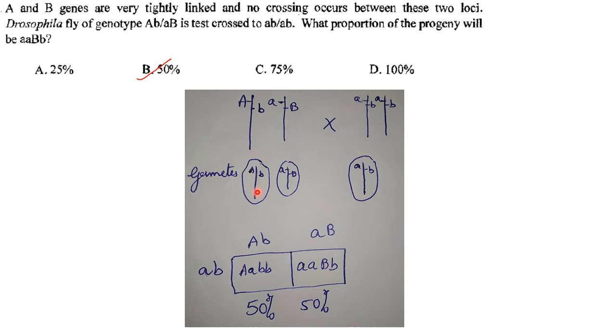So only two types of gametes will be produced by this particular parent, that is capital A small b and small a capital B. And the other parent will produce only one type of gamete, that is small a small b. And upon crossing you will get 50% capital A small b and 50% small a capital B small b. So our question here is for small a capital B small b, that is 50%. So answer is option B, 50%.